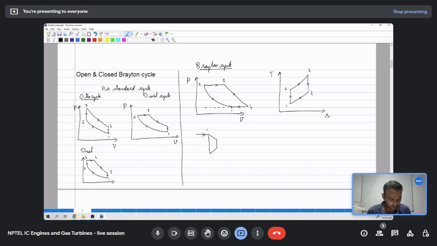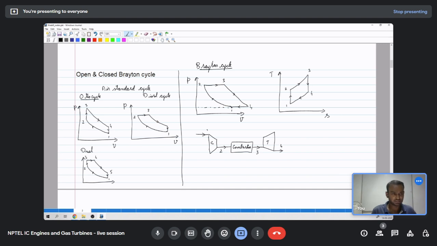Air enters at state 1, and then after compression the air is taken out and fed to a combustor, where heat is added at constant pressure, and then it is expanded in a turbine. So this is the compressor, this is the turbine, and then it is rejected out to the atmosphere.